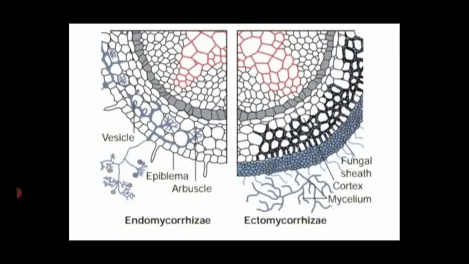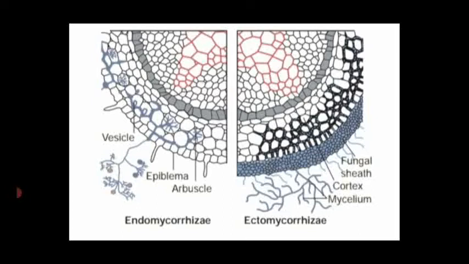That fungi is known as VAM fungi. Another one is the ectomycorrhiza, the fungal partner which is located on the outer surface of the root region and penetrates into the cortical cells. That is said to be ectomycorrhizae.